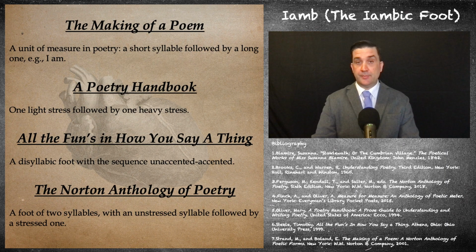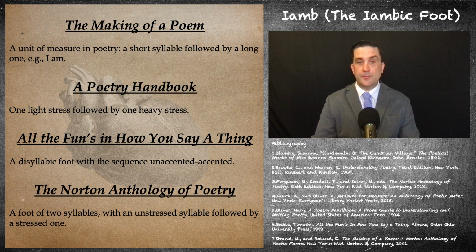What you see over in the box are various definitions provided by a selection of well-regarded reference books. The first is from The Making of a Poem, a Norton Anthology of Poetic Forms. They tell us that an iamb is, quote, "a unit of measure in poetry, a short syllable followed by a long one."